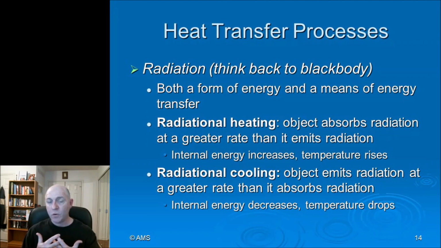Now, if you begin to absorb more radiation than you're giving off, you're going to be heating that object. So we're not a black body anymore. We're just talking about any kind of physical entity. Absorbing more radiation than you're sending back, that's radiational heating. Conversely, if something is emitting more radiation than it's bringing in, the temperature is going to drop. We'll call that radiational cooling.